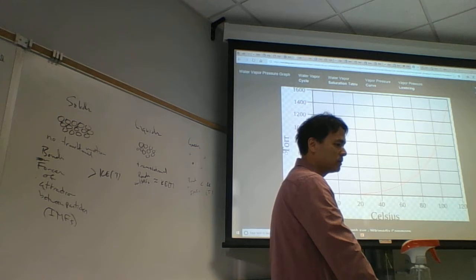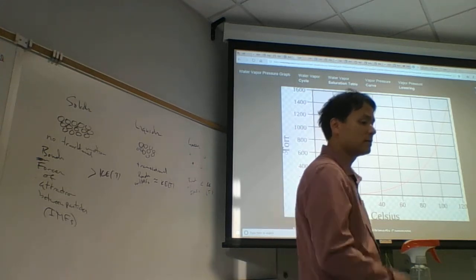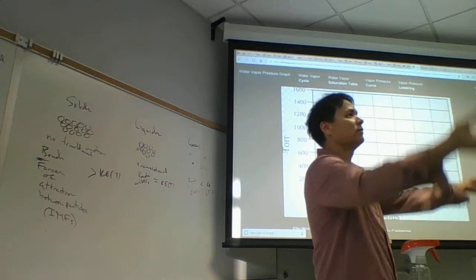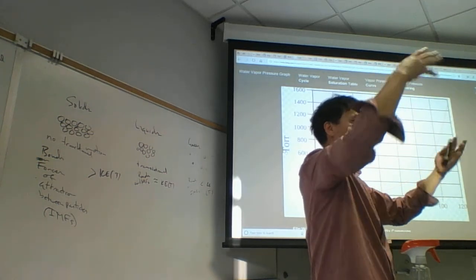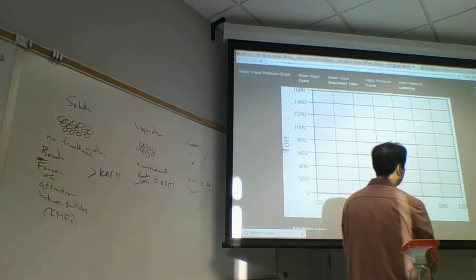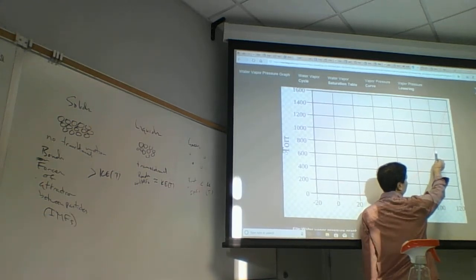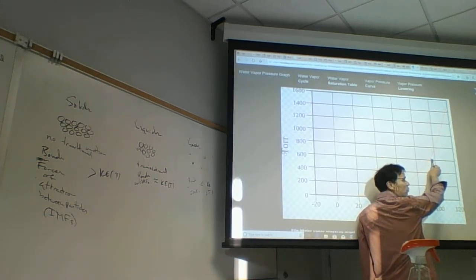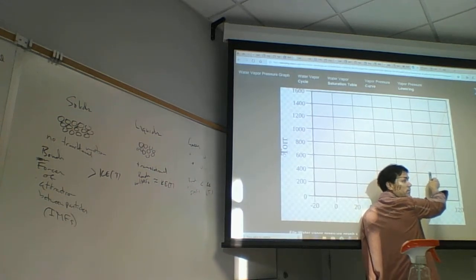Is the atmospheric pressure in Denver typically lower or higher than sea level? It turns out it's lower because you have less of a blanket. At sea level, you have the biggest atmospheric blanket, but as you climb higher and higher in elevation, you get less and less of the blanket of atmosphere, so the pressure is lower. And so at sea level, water boils at 100, but if you're in Denver, Colorado, the water boils at a lower temperature.